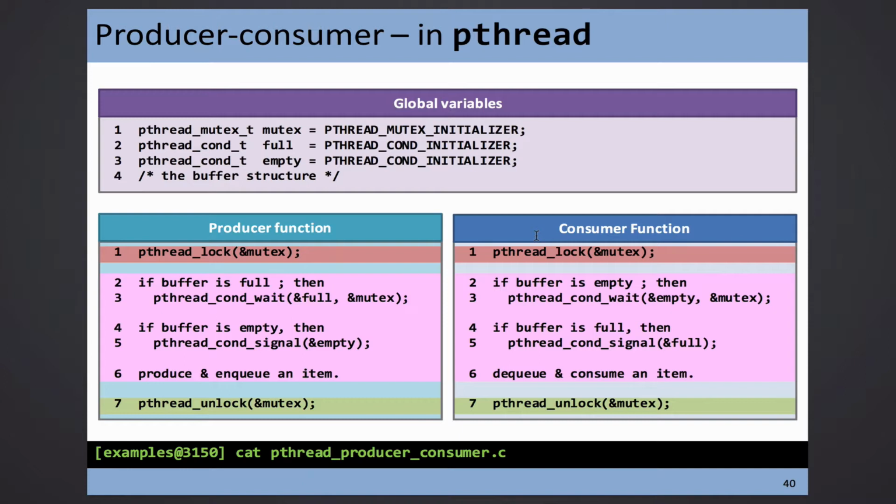This is something that I will explain. Previously it was full, so it won't be empty. So I will skip this 2 and 3, and then it is full. Because this is full, I will signal this guy to say, hey, wake up, because you are sleeping because of this full. And continue to execute, enqueue, and unlock.